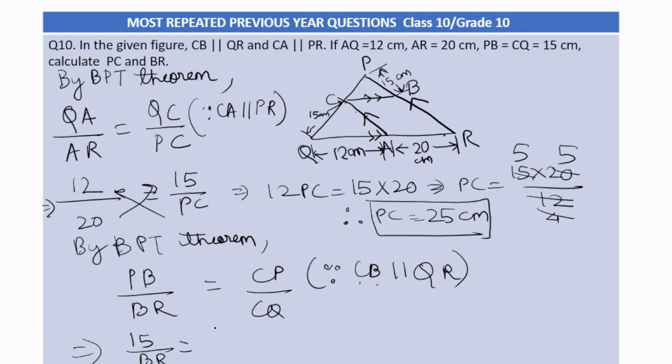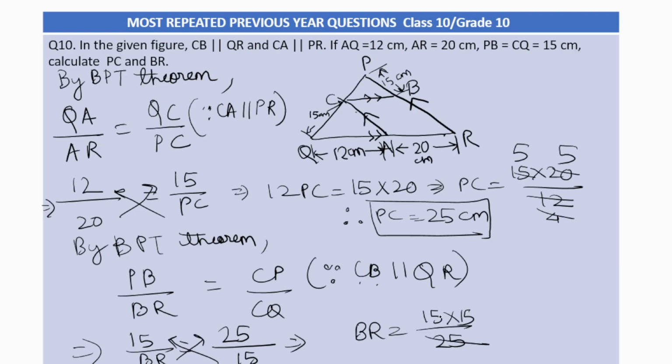CP is equal to 25 centimeter, which we have already found just before, and CQ value is equal to 15. Now again I'll cross multiply here. So BR will be 15 into 15 divided by 25.